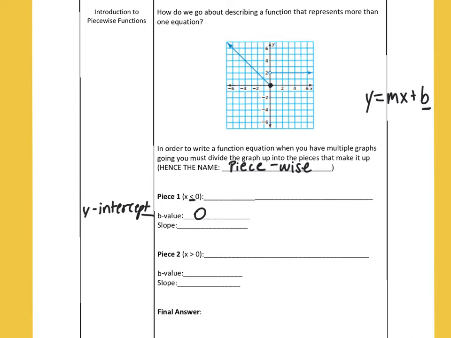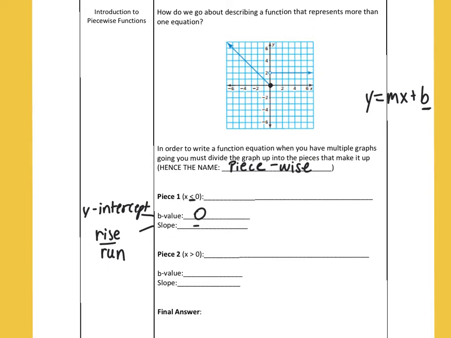What about the slope of that line on the left? So slope is just rise over run, right? One over 1, but negative, right?